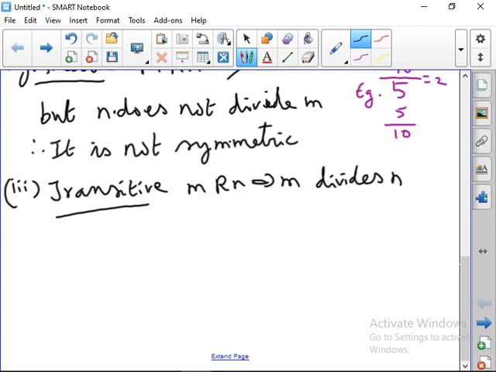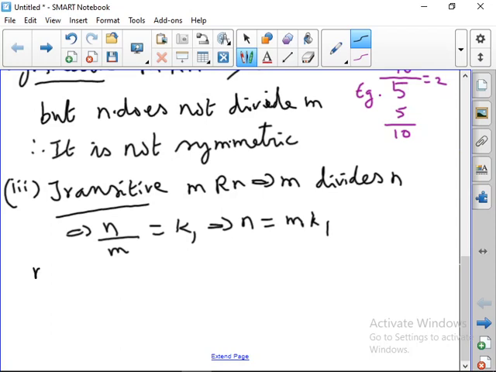So what does it imply? n by m, take it as n by m is equal to k1. So what do you get? n is equal to m k1.